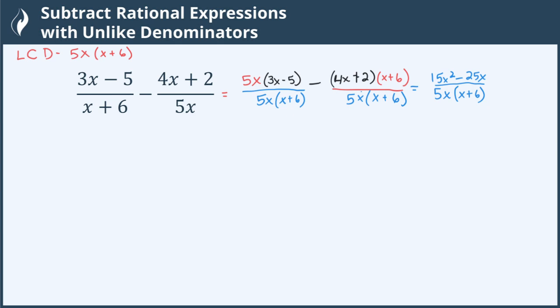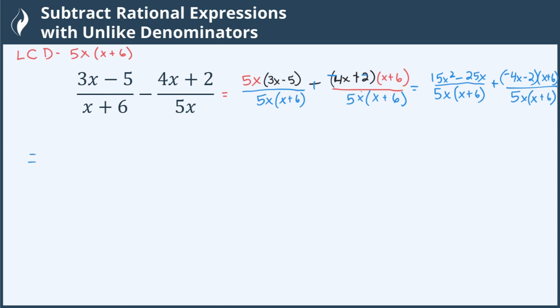I'm going to put a plus here, and I put a negative sign in front of each of these. So this is going to become negative 4x minus 2 times the quantity of x plus 6. And again, it's all over our common denominator of 5x times the quantity of x plus 6.